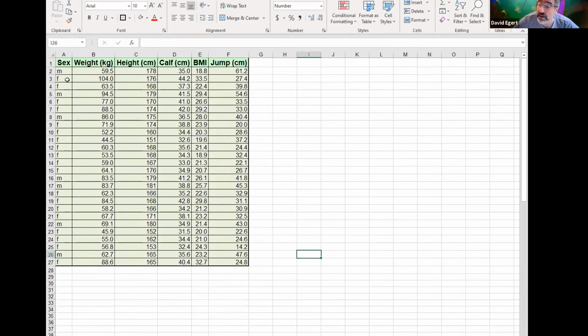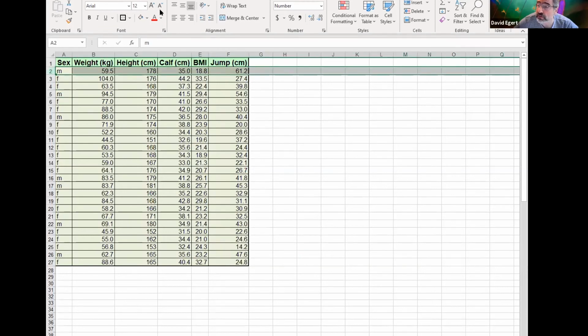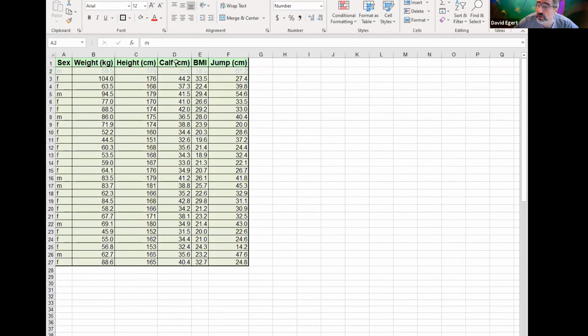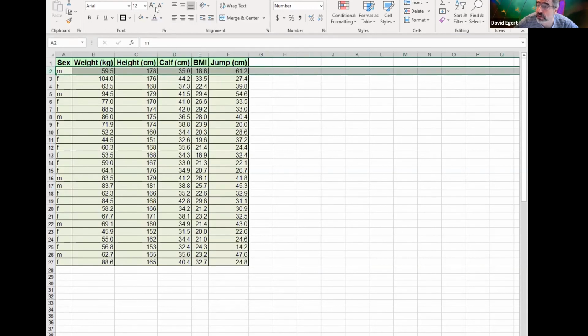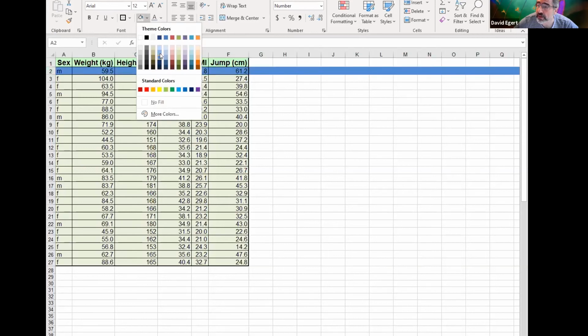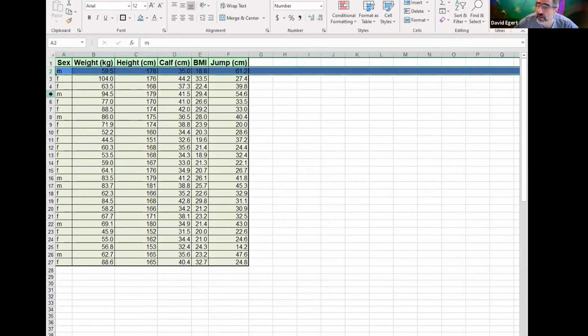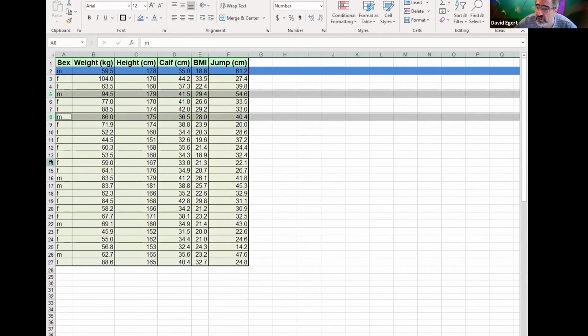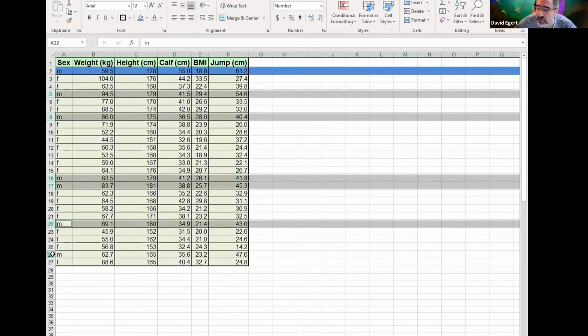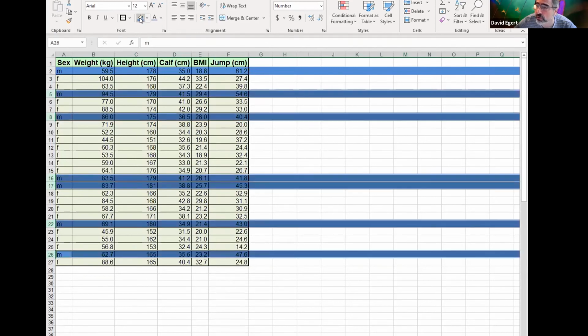For that, I could just pick all of the men, so I could say, okay, here, let's make them blue. But that's not what I meant to do. Undo. In reality, I'm going to show you much more efficient ways to do this in Excel next week. But for right now, since we're doing this manually, I'm showing you this kind of awkward way.